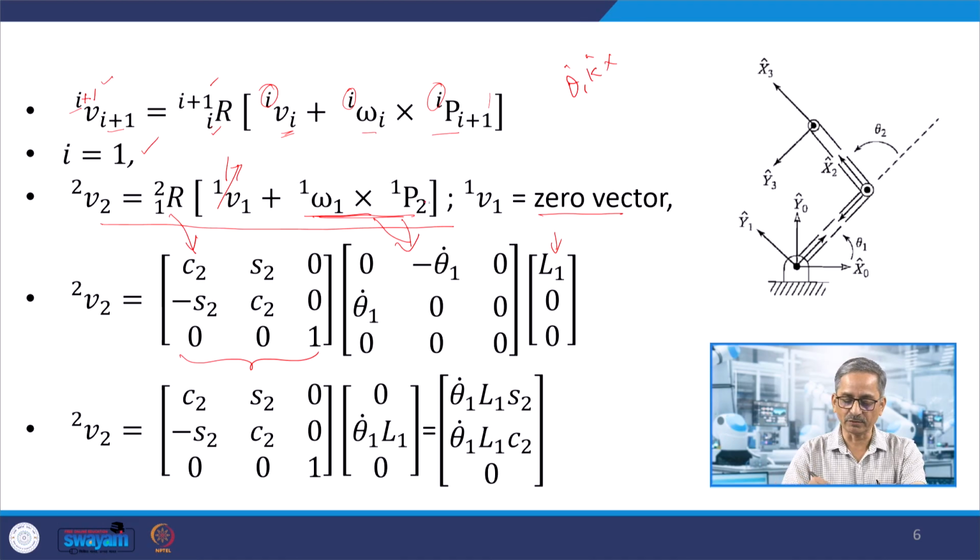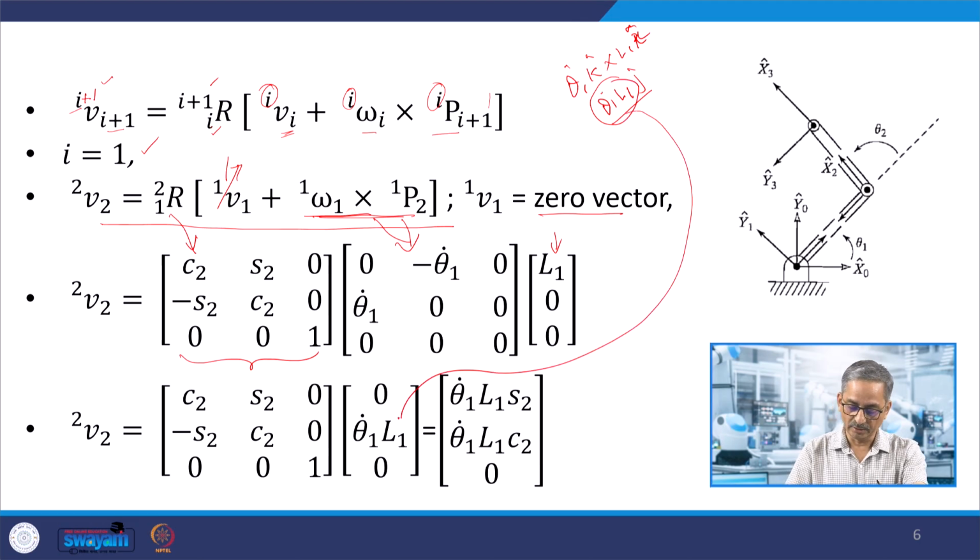Okay. So, this will be basically L1 i cap. So, this is theta 1 dot L1, and k cross i is actually going to be j. Okay. So, this theta 1 dot L1 is your j component. So, in this column it will be in the second row.